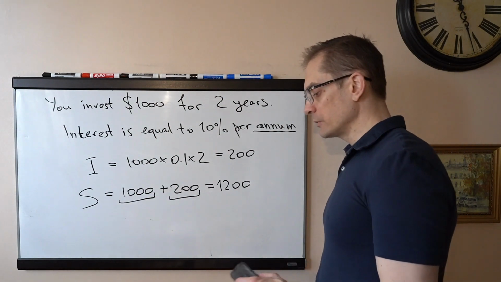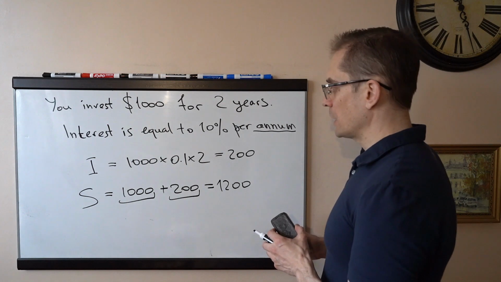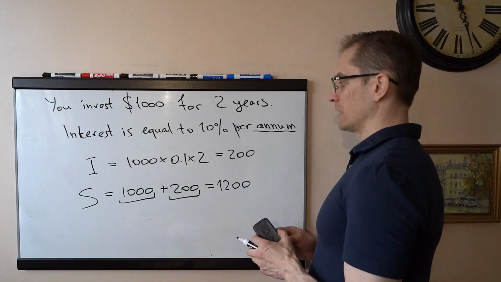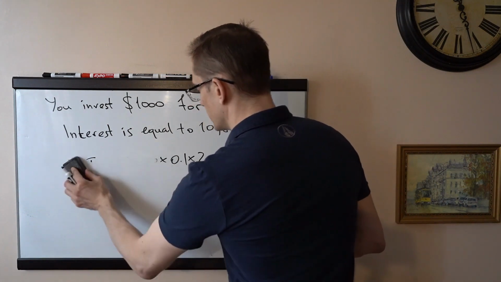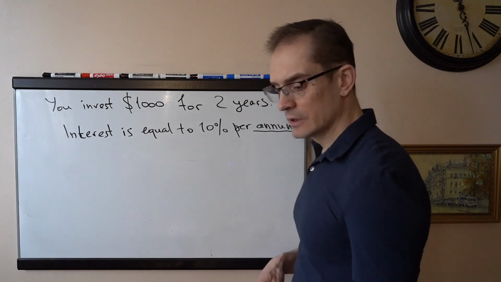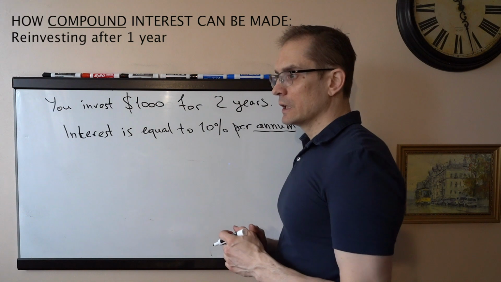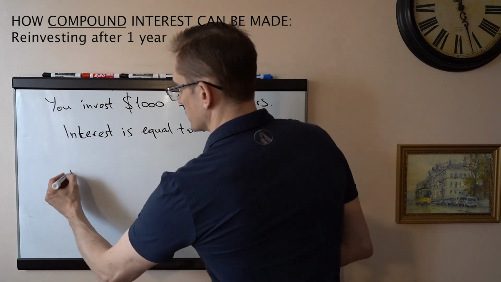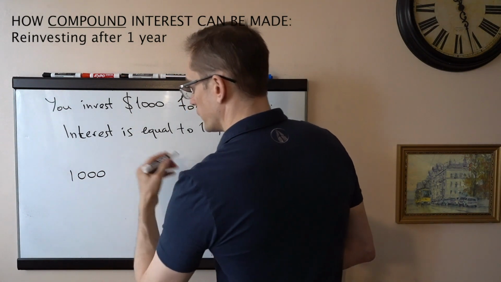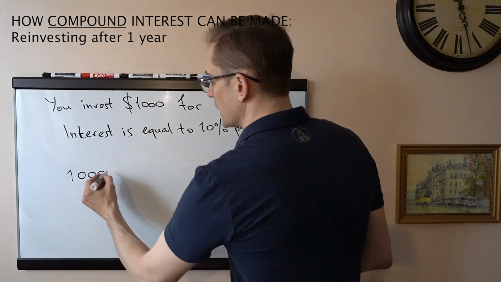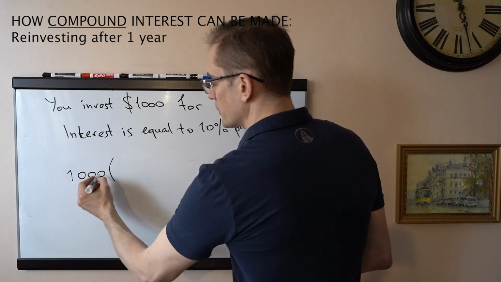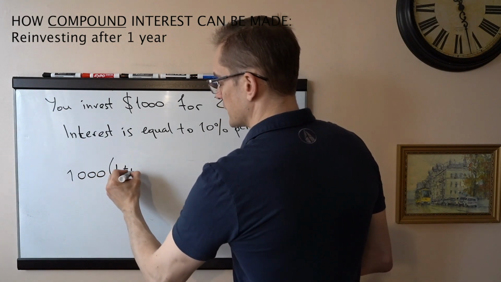However, if we begin to think deeply about this, you can say, wait a minute, what if I'm being a little bit smarter about my investment? What if I invest $1,000 for 1 year? It is the same as I increase my $1,000 by 10%, right?